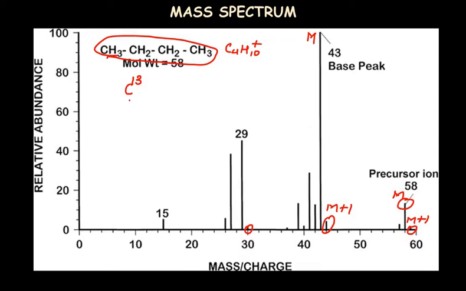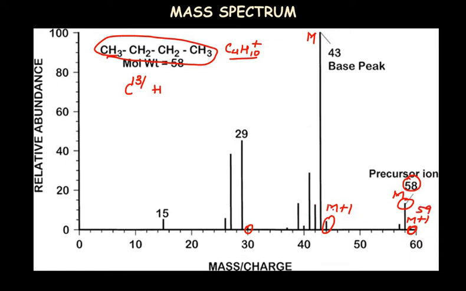Now this carbon 13 will obviously increase the mass of that fragment or molecular ion by +1. That is the reason that the butane ion has a mass of 58, but if one of the carbon present is C13 in place of C12, then we may get a small peak at 59 mass to the charge ratio.